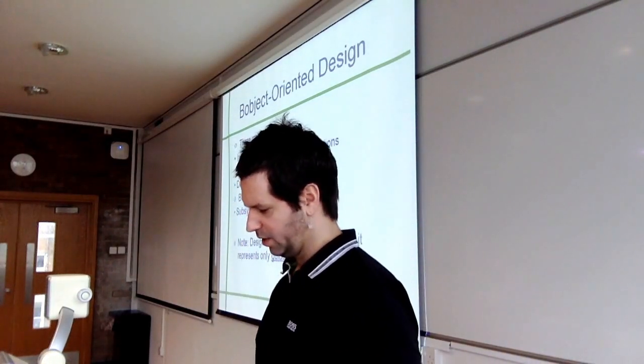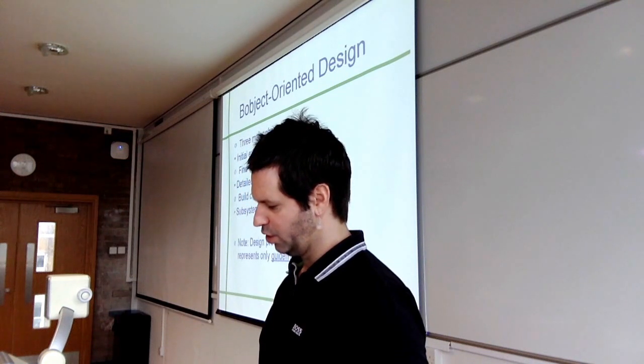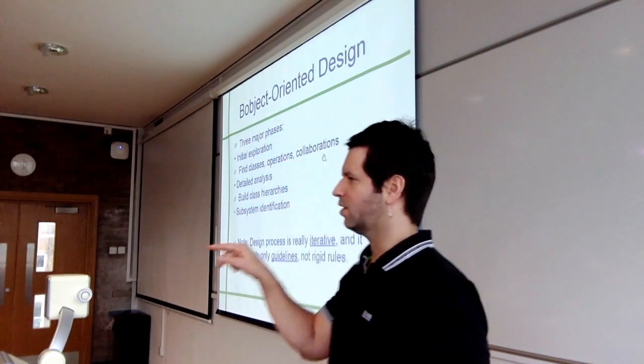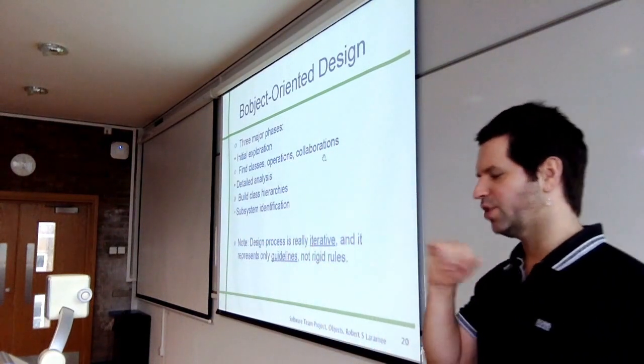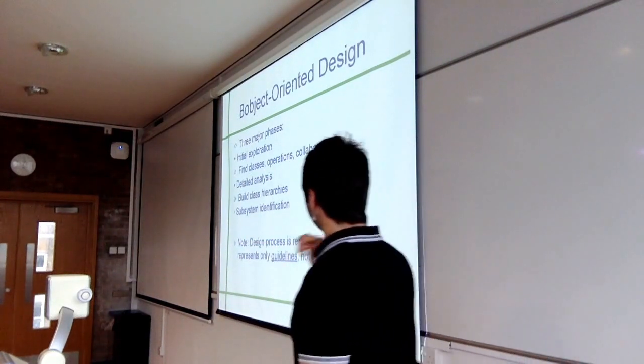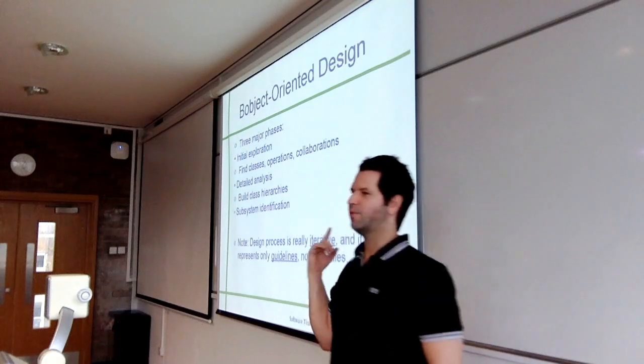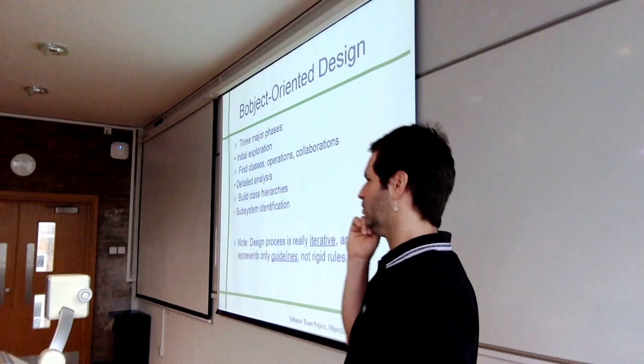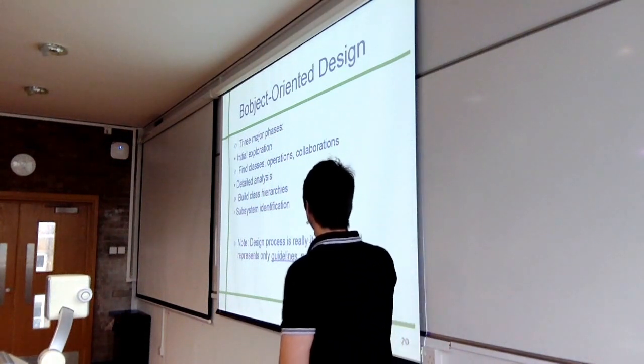So finding classes, finding operations, also called responsibilities, finding collaborations, that means the communication pattern between objects, building class hierarchies like we just saw on the previous slide, and then identifying subsystems, which we have not talked about yet.